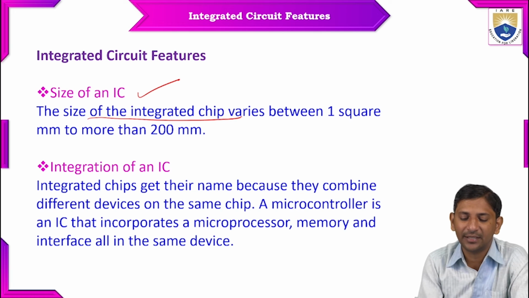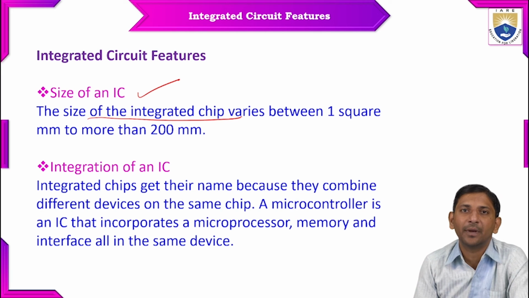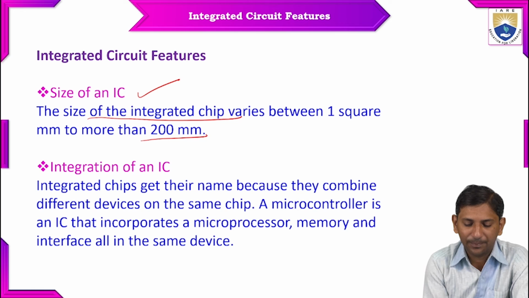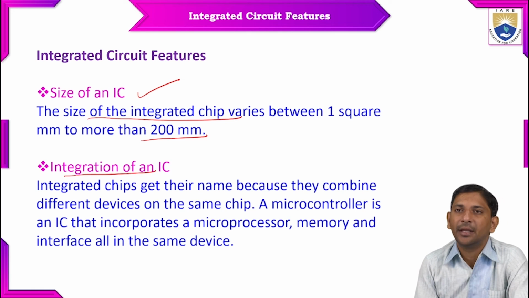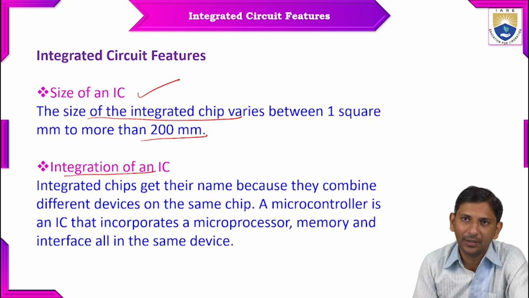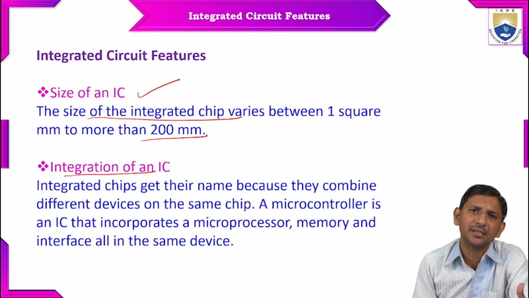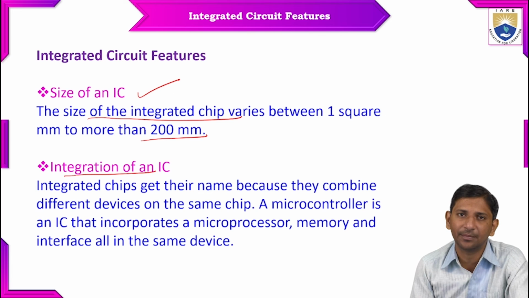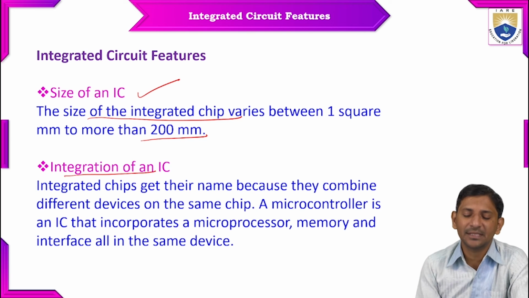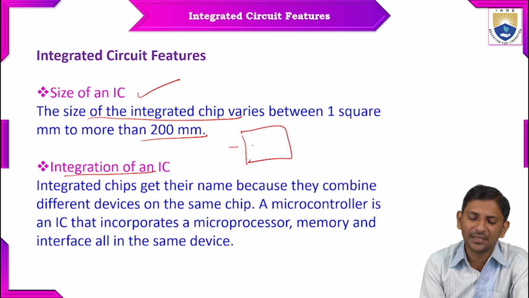So the size of an integrated chip varies between 1 square mm to 20 mm. It is very small in size. And integration of IC is a combination of multiple devices or components into a single chip. The huge circuit also can be dumped into a single chip. Thousands, lakhs of transistors can be dumped into a single chip. It gives a very small size, a small size of IC.